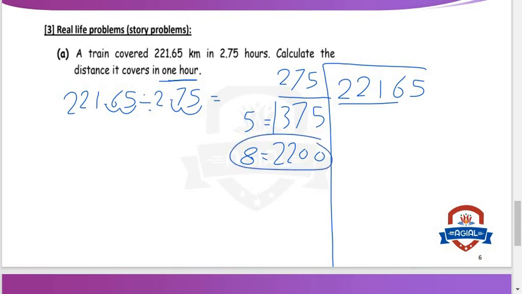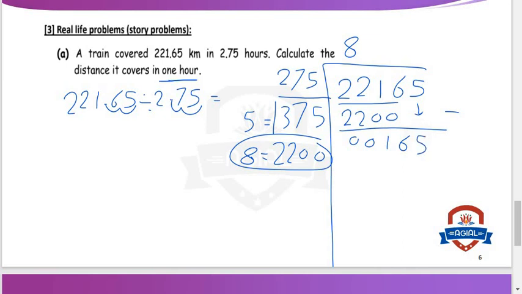We will write 8 here, and write here 2,200 and subtract. 6 minus 0 equals? 6. 1 minus 0 equals? 1. 2 minus 2, 0. 2 minus 2, 0. Can 16 be divided by 275? No. We can put down 5.